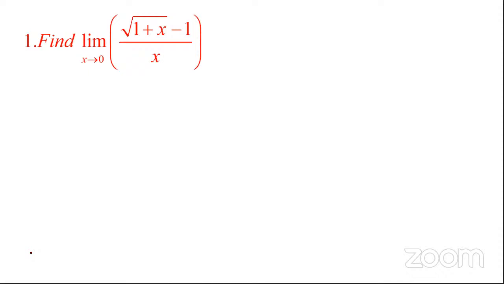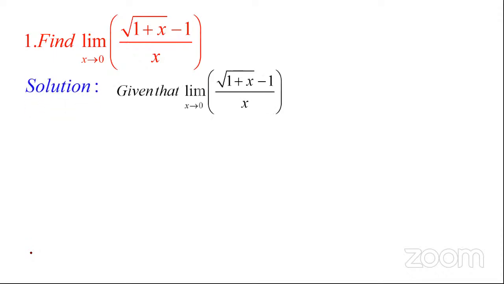First problem: the limit as x tends to 0 of (√(1 + x) − 1)/x. Here you have to do rationalization in this question.